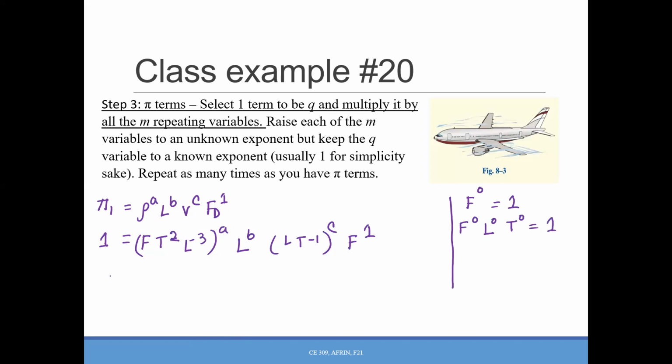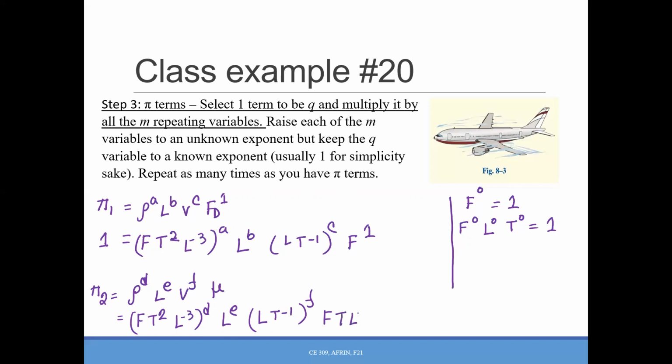Okay. So we can write down similarly for pi 2, rho D, L E, V F, and viscosity. And we can say F^D T^2D L^-4D, L E, L T^-1 to the power F, and for the viscosity it was F T L^-2.